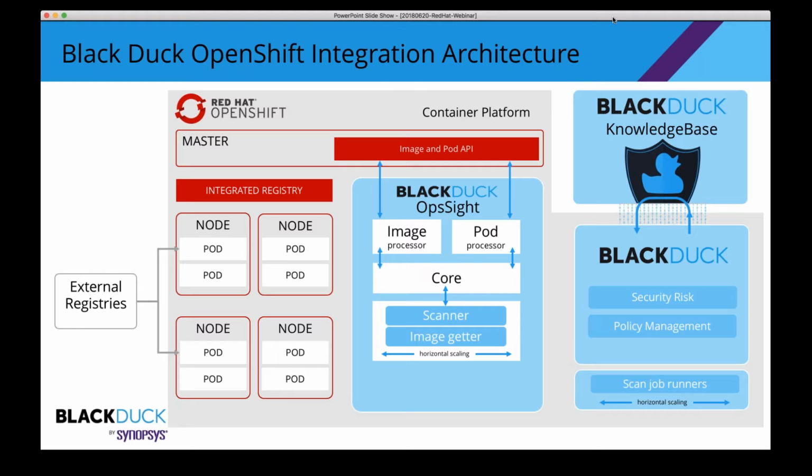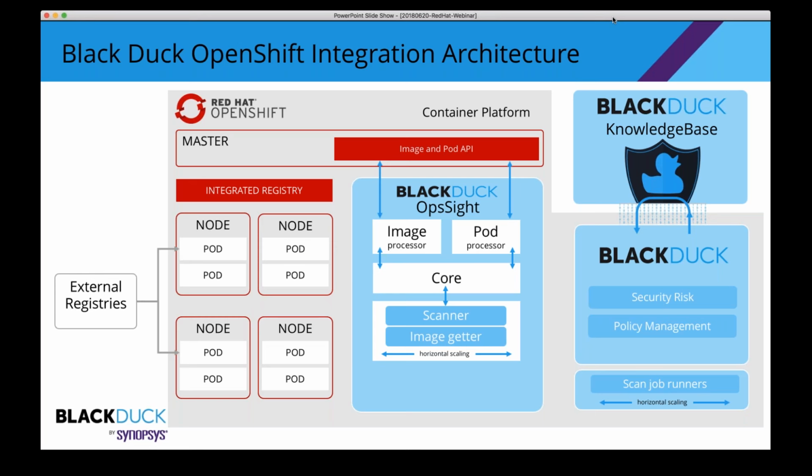So you see there's actually 2 containers within the scanner container. One is a scanning container that wraps that scan client, which I talked about in the architecture diagram previously, to run the actual scans. And then there's an image getter, which actually does the Docker save command to create that tar file and puts it in a directory for the scanner container to run the scan.